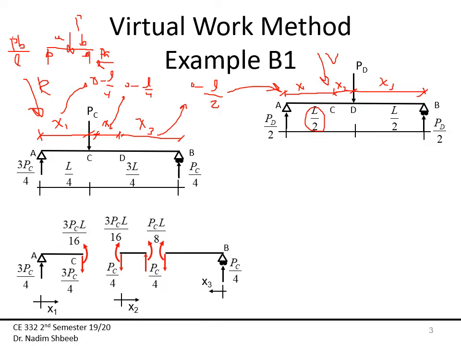Now, when we do that, we take these sections X1, X2 and X3. First of all, you've noticed that X1 I started from A to C. C is just before the concentrated force, and X2 starts just after the concentrated force, which means that the concentrated force is not actually included, because it's a point of discontinuity.